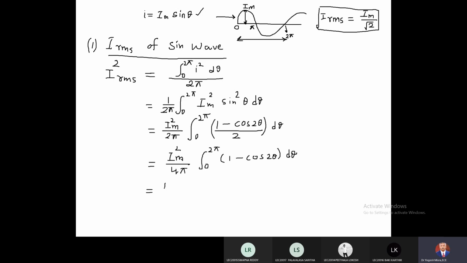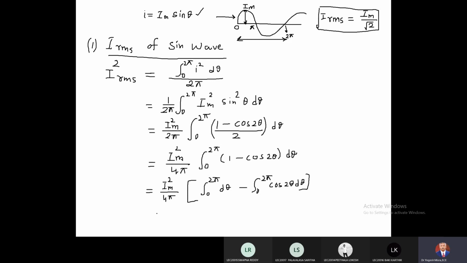And this I can write as Im square by 4 pi, integral from 0 to 2 pi of d theta, minus integral from 0 to 2 pi of cos 2 theta d theta.